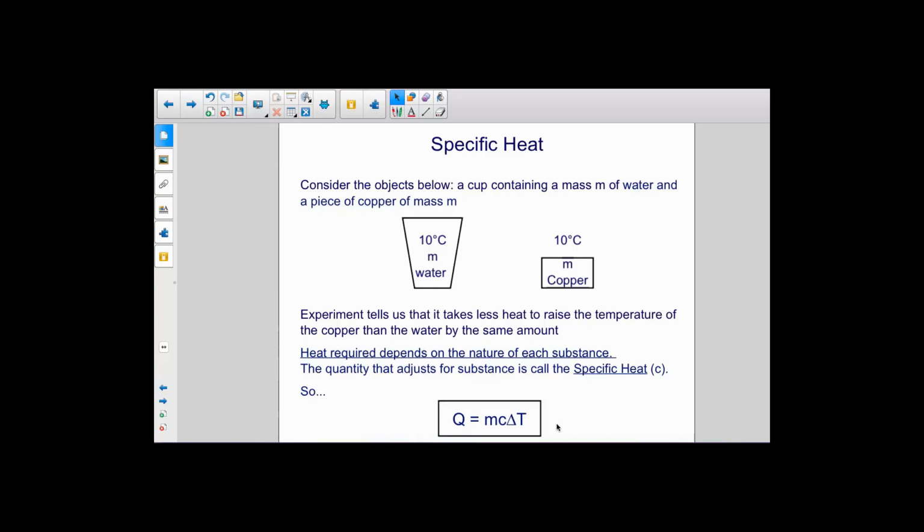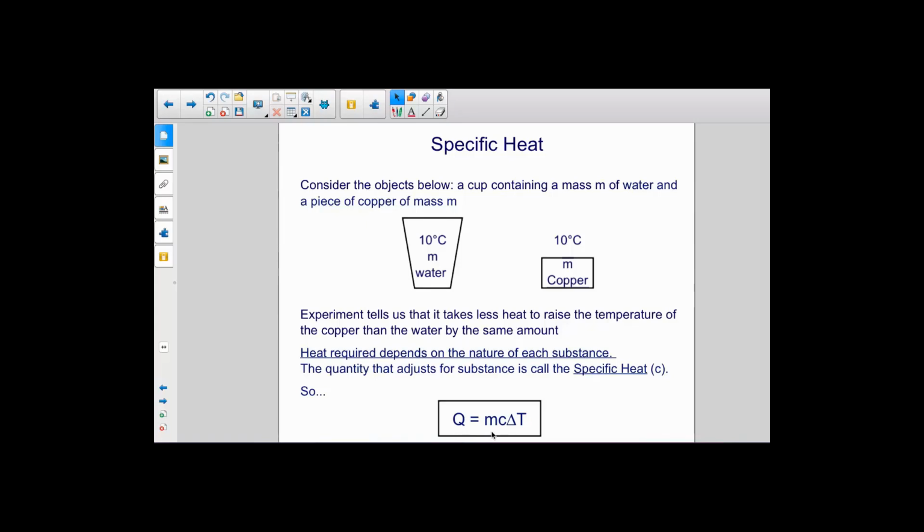So, heat required depends on the nature of each substance as well. And that quantity that tells us about the effect of the substance on the heat required, we call the specific heat. And we use for that a symbol C. So what we've ended up with is the heat required to raise a mass of a given substance by delta T is given by this equation.